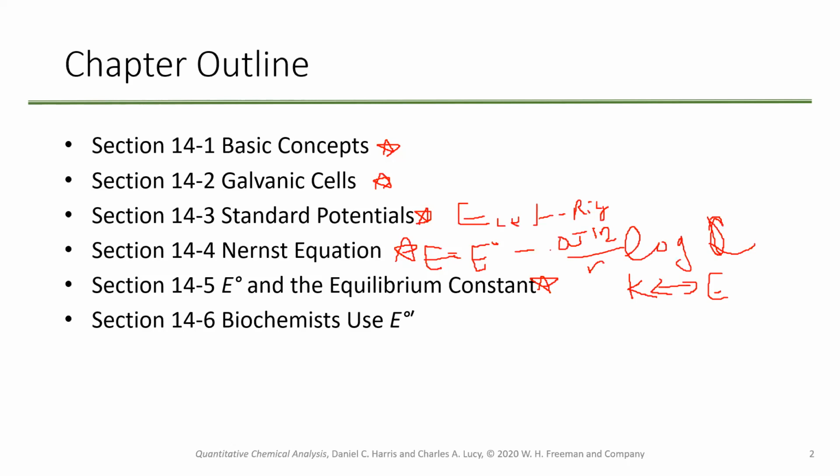Standard potentials are the things we're looking up off the table. The Nernst equation is what we use if we're under non-standard conditions. E naught and the equilibrium constant is just saying I've got a relationship between E and K we can use.